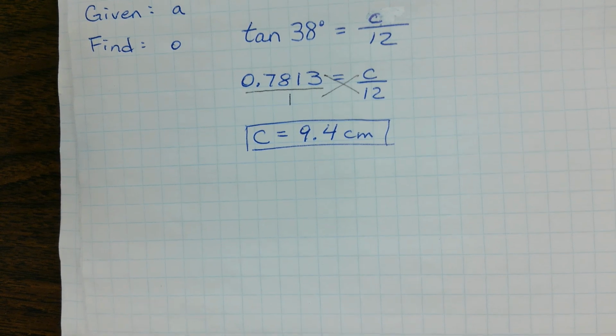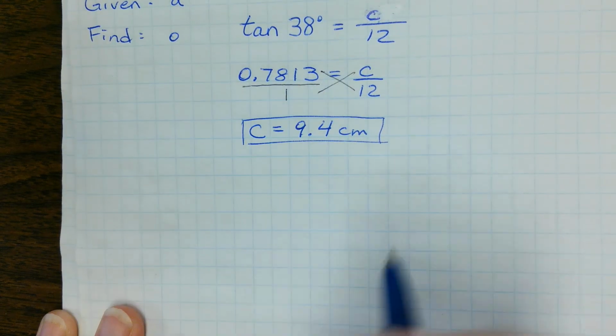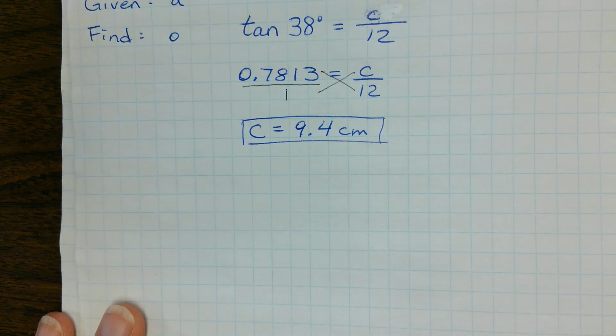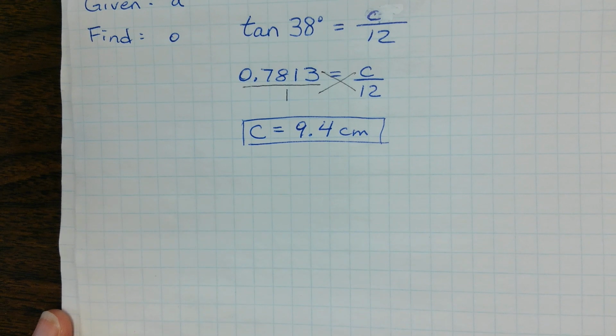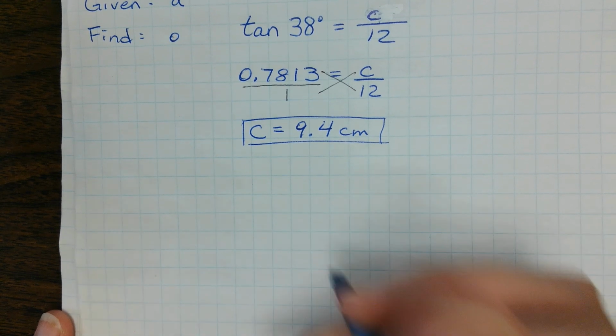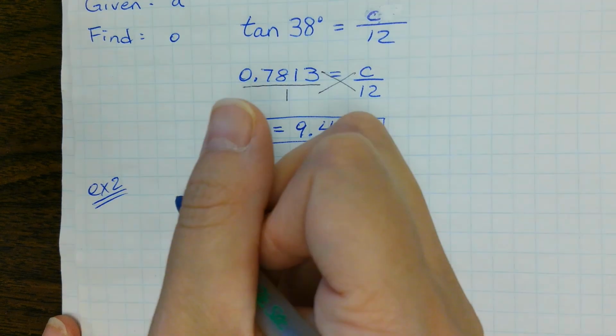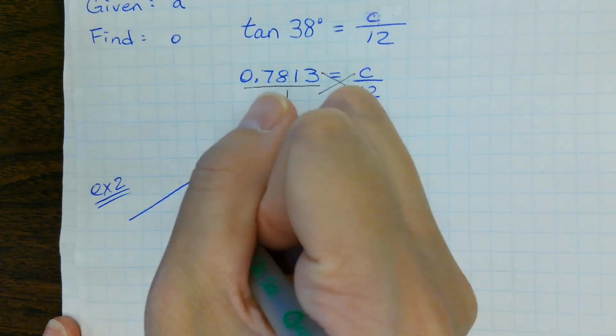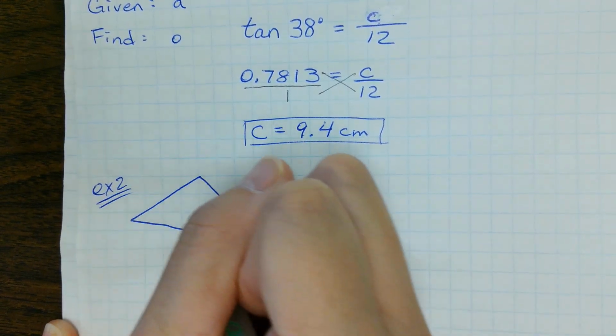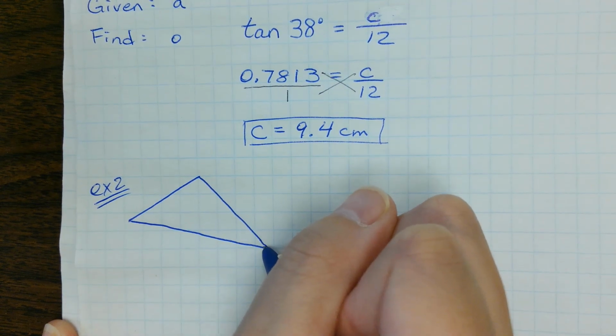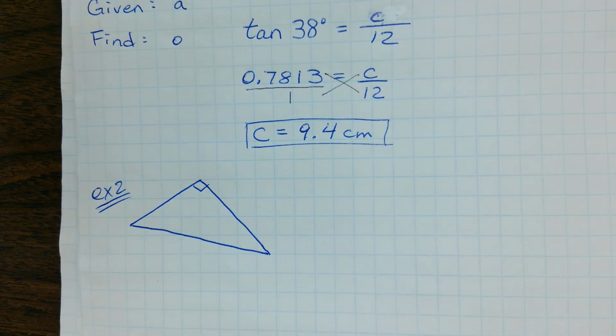Okay. Let's try one more. So that's how you use SOH-CAH-TOA to solve for a length or angle when you're only given one triangle. Okay, example 2.